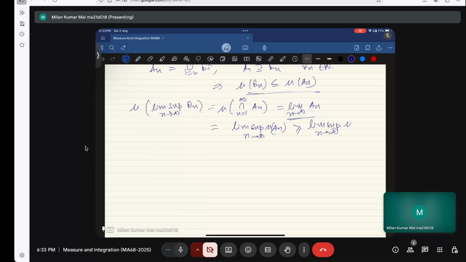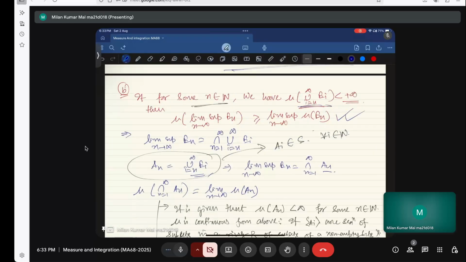Limit supremum in mu of E_n. So I think this is what we are looking for. This is it. So I'll do another problem.